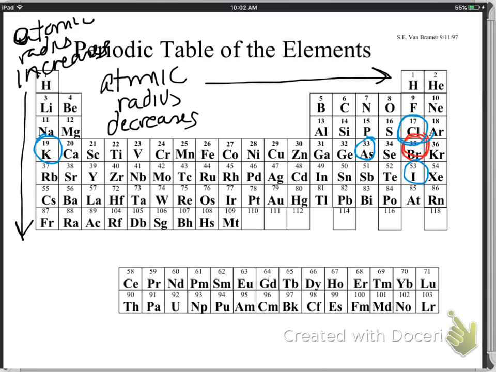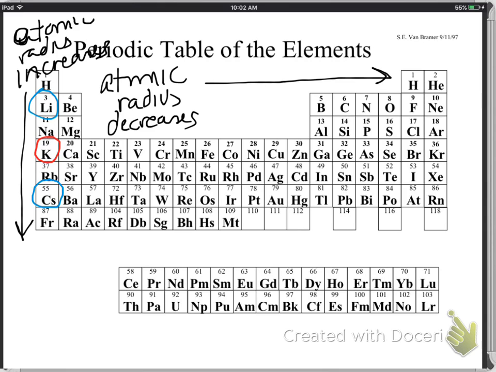Which of the following could you expect to have a larger radius than potassium? So potassium is our first point for comparison. If we compare potassium to cesium, cesium will have a larger radius than potassium. Are there any others that would have a larger radius?